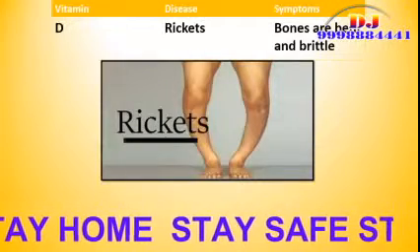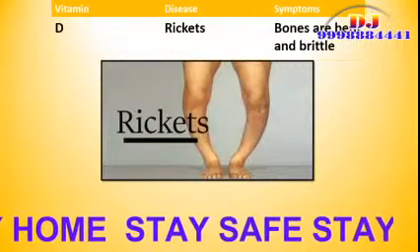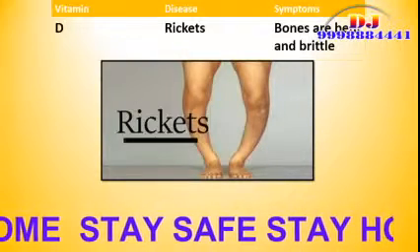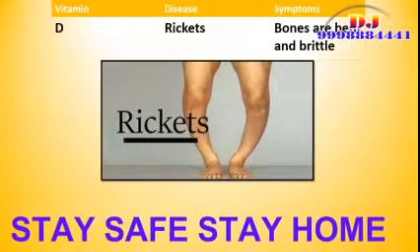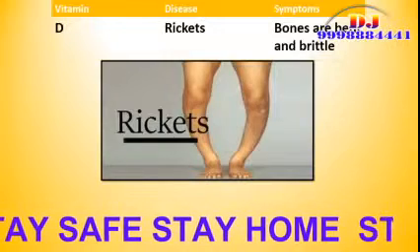And now next we will see deficiency of vitamin D. If there is a deficiency of vitamin D in your body, the disease is rickets. In the picture, dear students, you can see what happens if rickets occurs to us, right? What will be the position of the leg? See what the symptoms are.